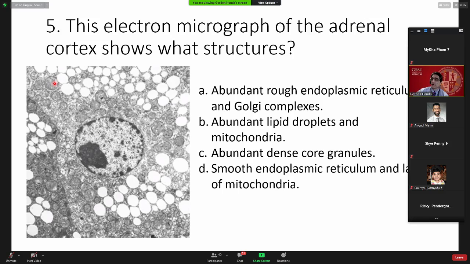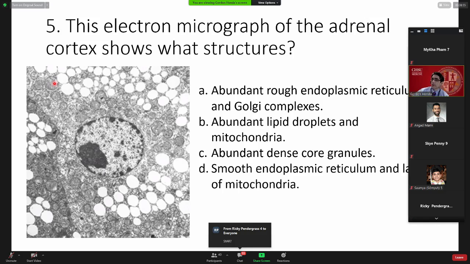What are the features? One is they have droplets of fat, esterified cholesterol, and they have mitochondria because that's where the cholesterol is transported into, and cholesterol desmolase and all that kind of business. So you need fat, you need mitochondria. There's one more thing you need to make a steroid hormone.